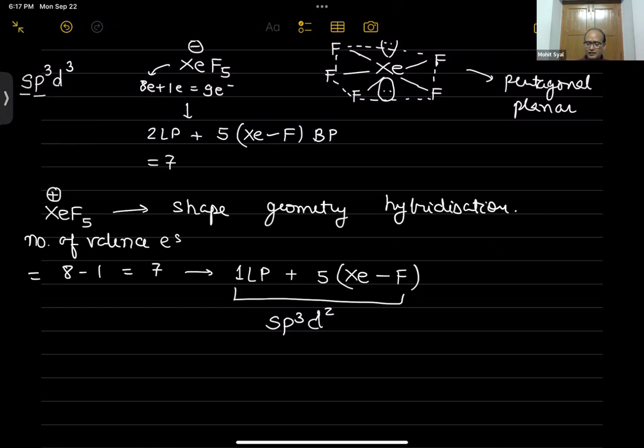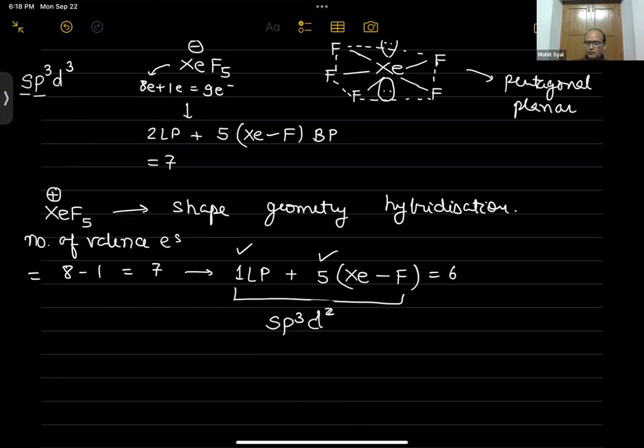Okay, because 6 are there in total. Steric number is 6. Steric number is the sum of the sigma bonds and the lone pairs. Are you getting my point or not? So 6 are there, sp3d2. There are 1 s, 3 p, 2 d, 6 orbitals I need to take.